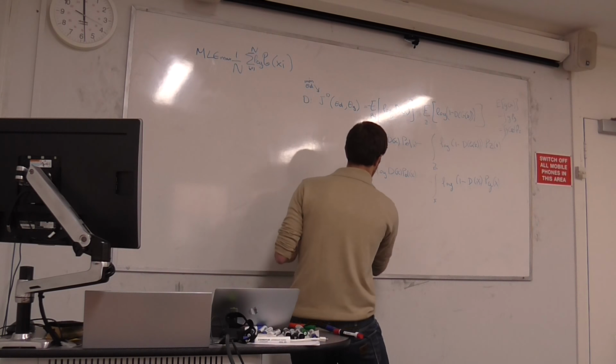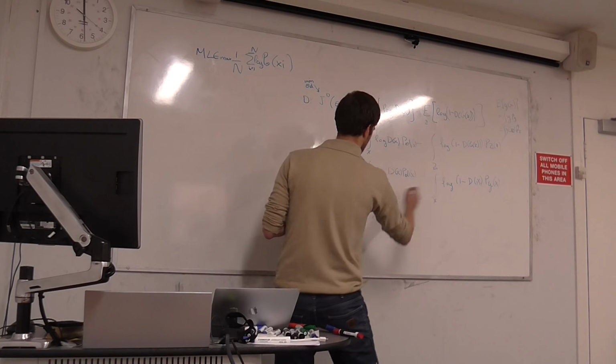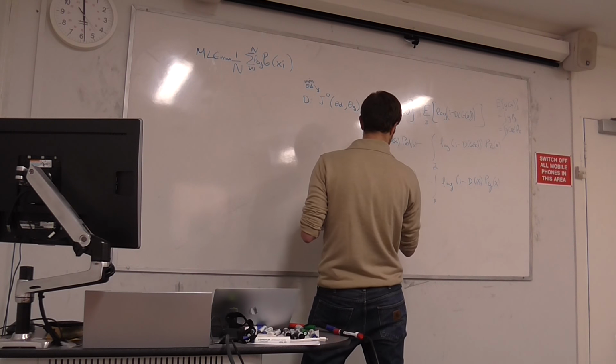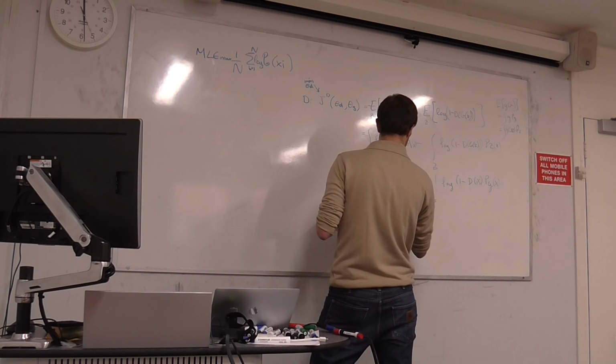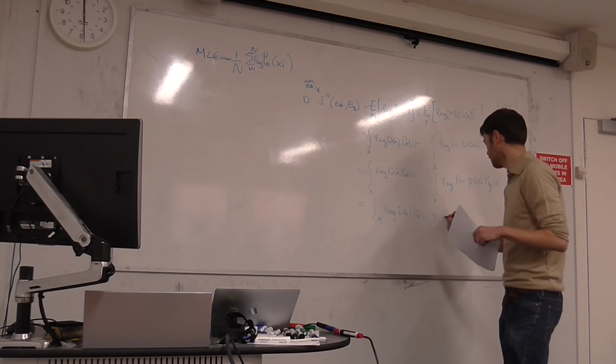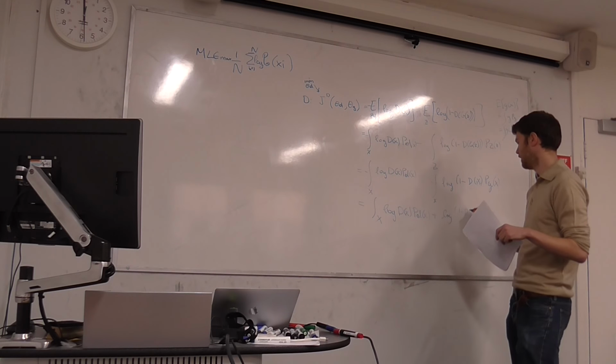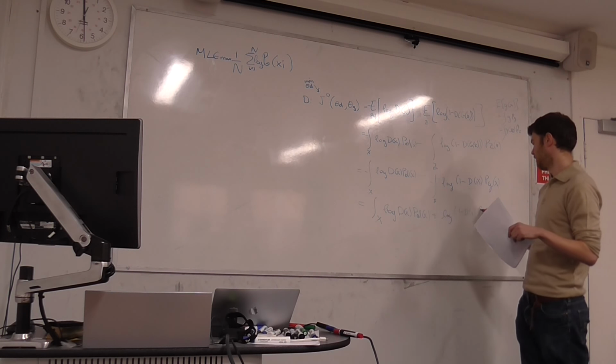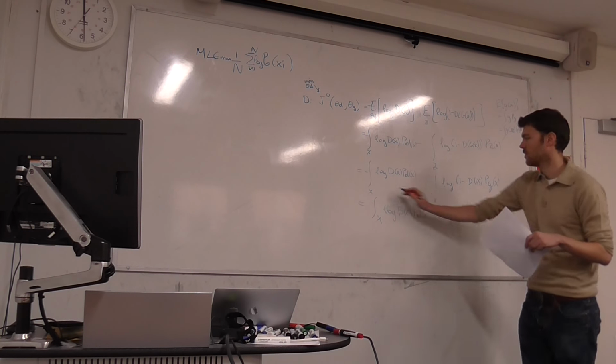Now, I can just put them all together because they're both now integrals with respect to x. So we'll put log D(x) p_D(x), plus log(1 minus D(x)) p_G(x), right? So this is one big integral.